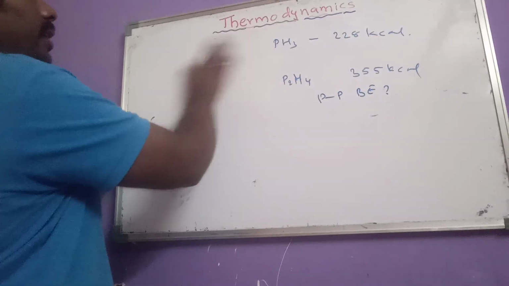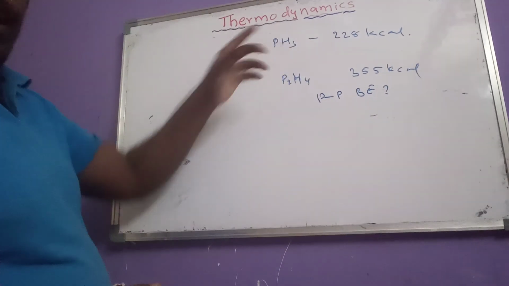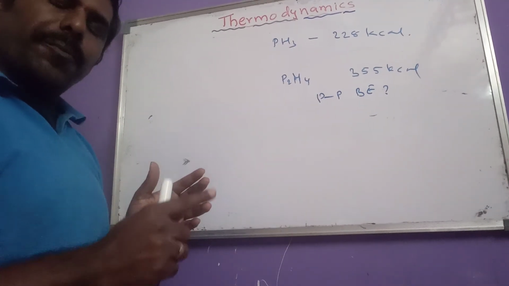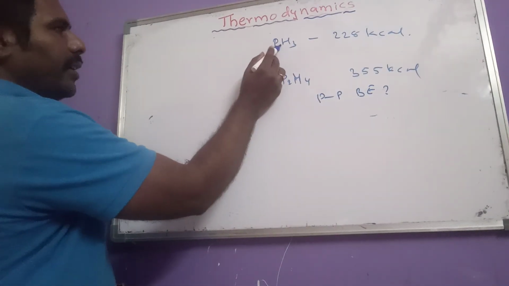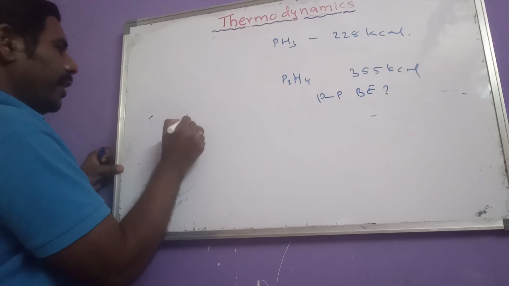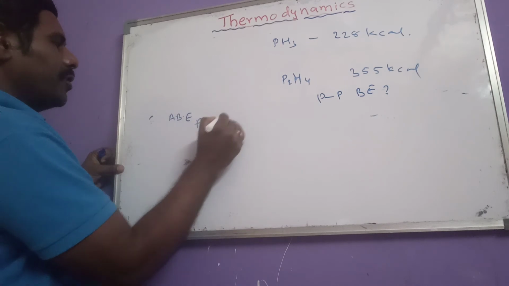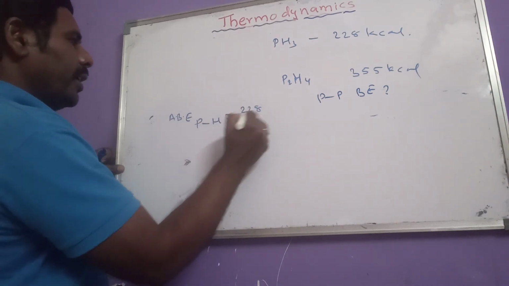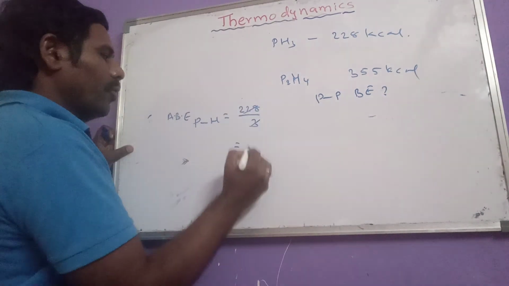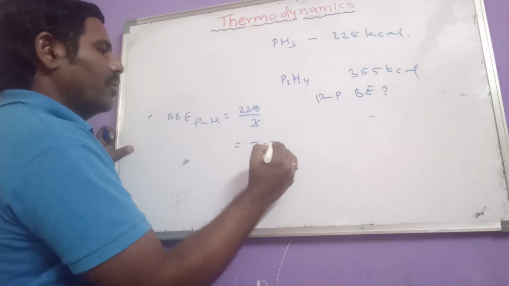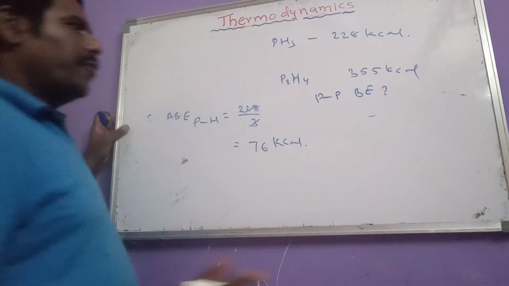First, using the heat of atomization, we calculate the average bond energy of the P-H bond. As PH3 contains three P-H bonds, the average bond energy of the P-H bond equals 228 by 3. 3 sevens are 21, 3 sixes are 18, so 76 kilocalories. This is the average bond energy of the P-H bond.